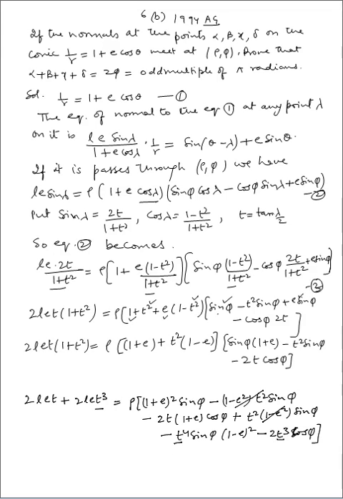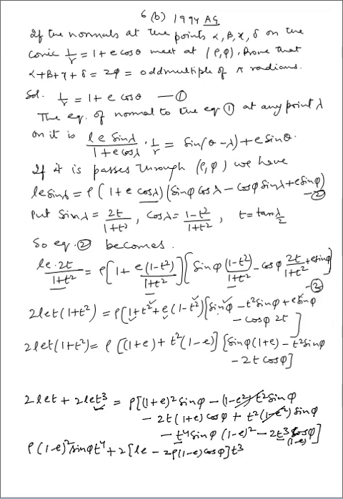So this becomes rho times 1 minus e whole square sin phi, t to the power 4, because we are taking everything on the left hand side. Now the t cube terms: plus 2 l e minus 2 rho, and with this we have 1 minus e also, so 1 minus e cos phi, t cube.